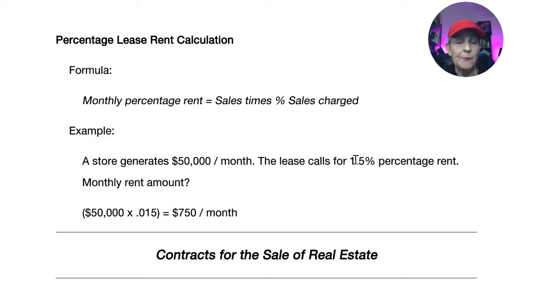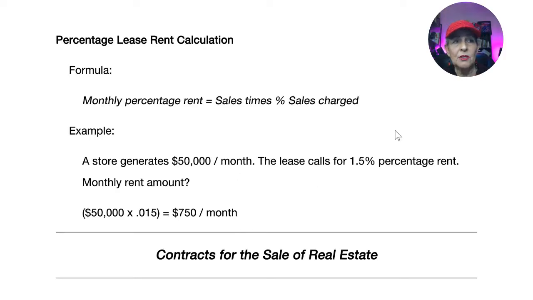We divide by 100. So you basically move the decimal to the left 2 places. So 1.5 becomes 0.015, as we see down here. So 50,000 times 0.015 equals $750 per month.